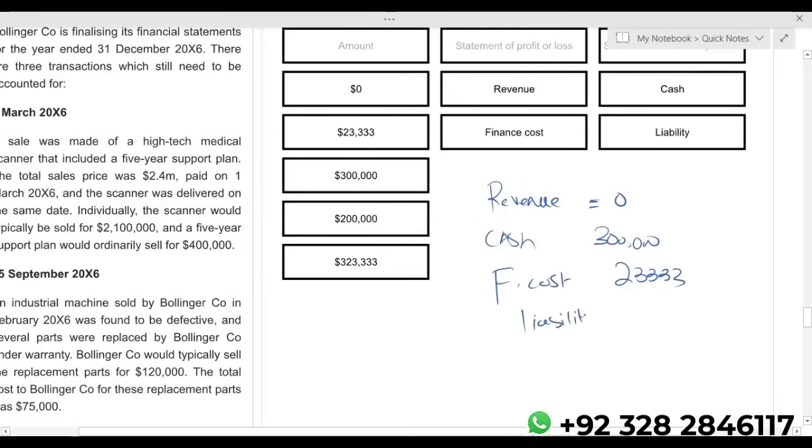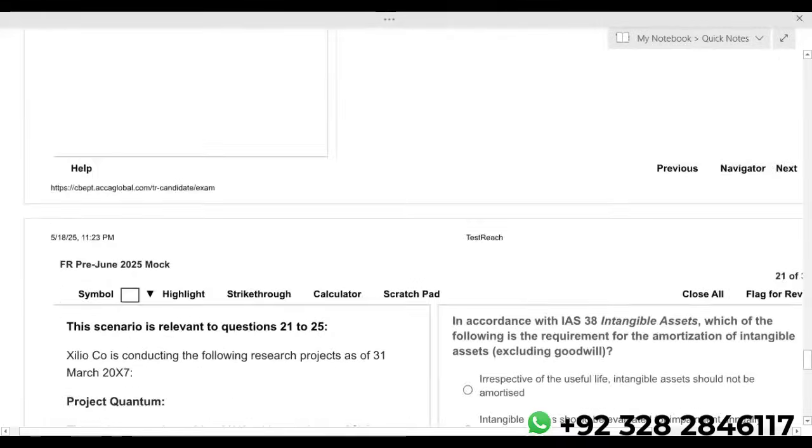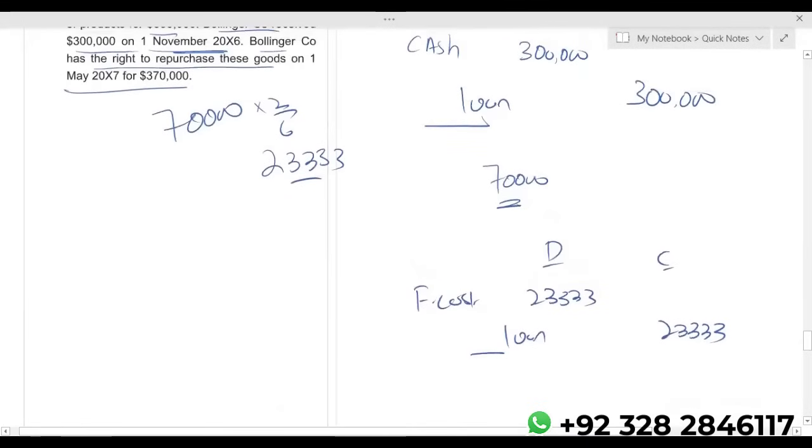Okay. That's more clarity. If someone has recognized an accrued finance cost, of course, accrued finance cost is your liability. If you have recognized a loan, loan is your liability. 3,23,333. So that is the first question of section B.